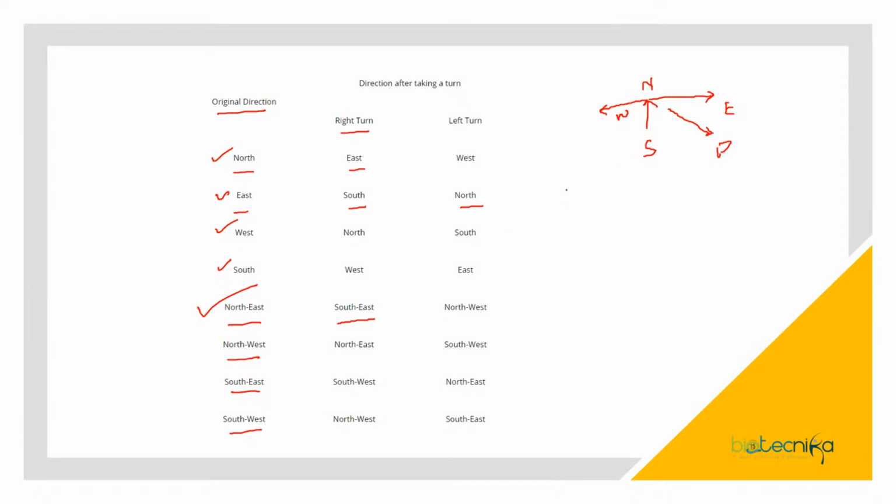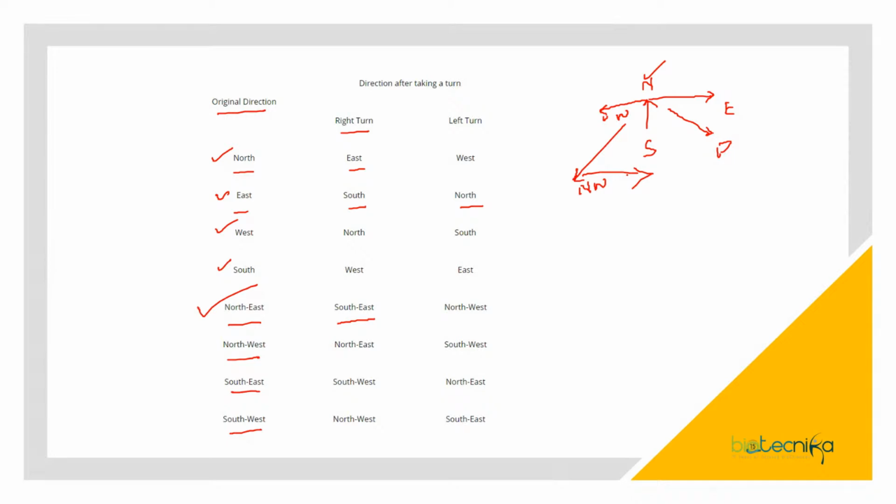Similarly, for northwest, this is the north and this is west. So this will be my northwest direction, right? So if a person wants to take a right turn, then it will be northeast. That means this side. This will be the right turn for me, downwards. Okay? Understood? Any difficulty in understanding this?